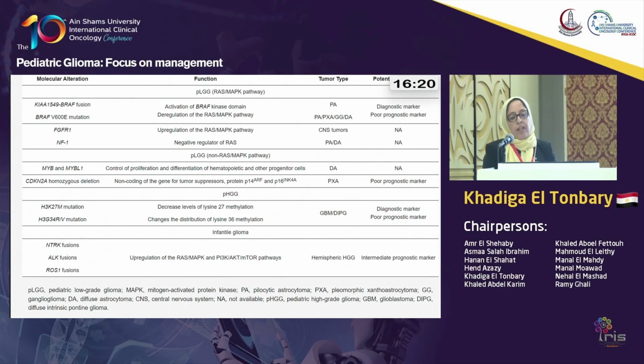FGFR1 with upregulation of the RAS-MAPK pathway, and NF1, which we see a lot, a negative regulator of RAS. MYB is an important regulator in the differentiation of hematopoietic and other progenitor cells and is commonly detected in leukemia. The H3K27M mutation decreases the level of lysine methylation, as explained before.